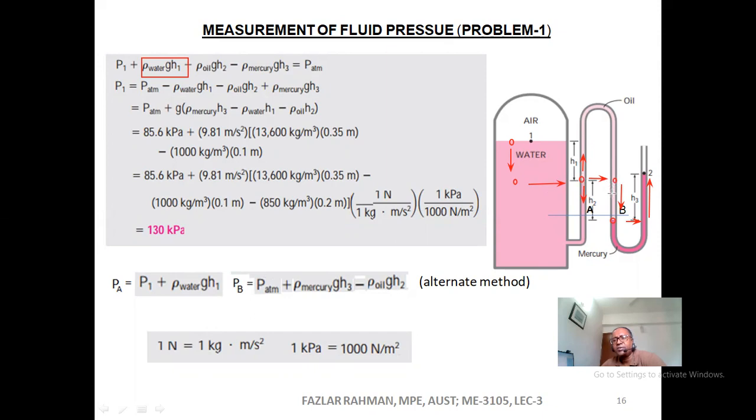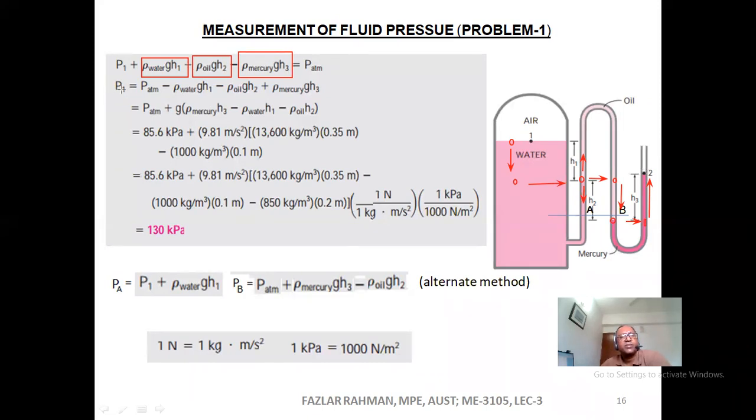Then coming to point B, the height H2 is coming down, and the density of the fluid is rho oil, so rho oil g H2. So you are now at point B. From point B you come over here, then you move upward, minus H3 rho mercury g, height is H3, equal to atmospheric pressure P2. P2 is atmospheric pressure, right?